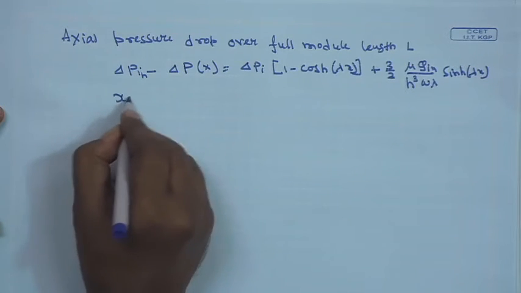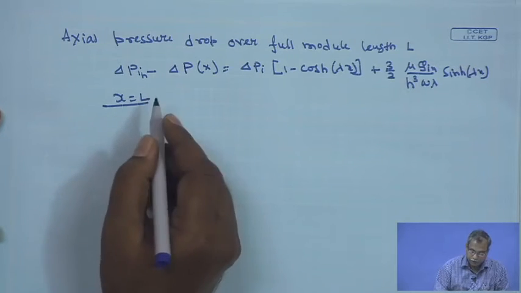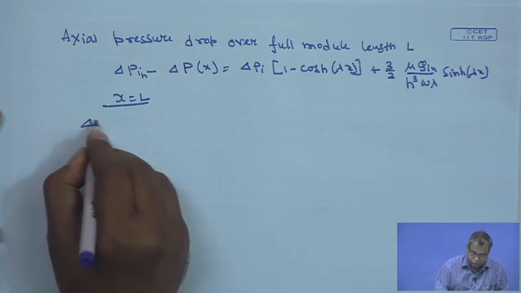And for x equal to L, that will give you the actual pressure drop across the channel.